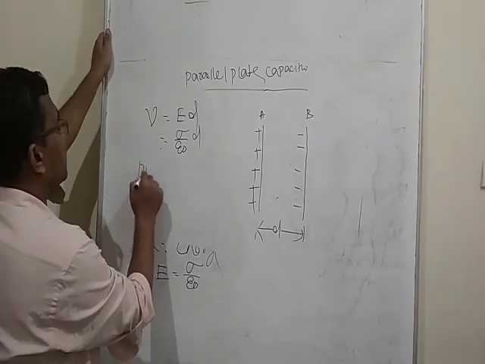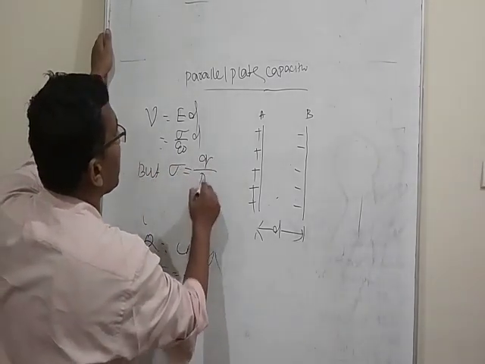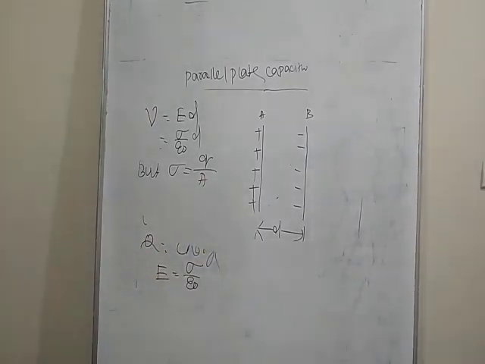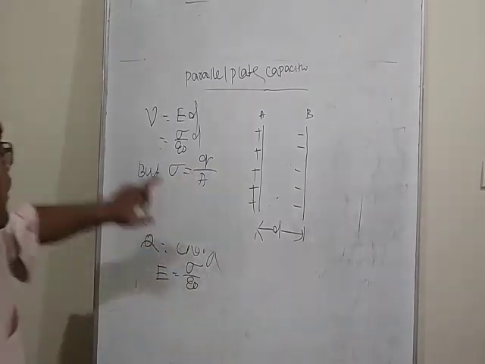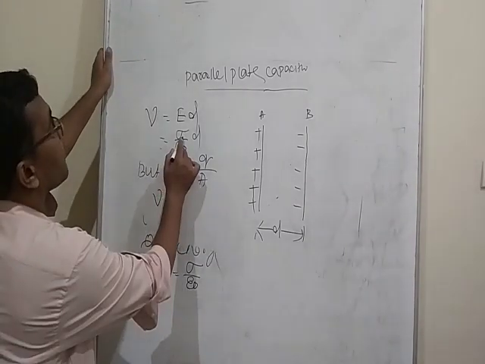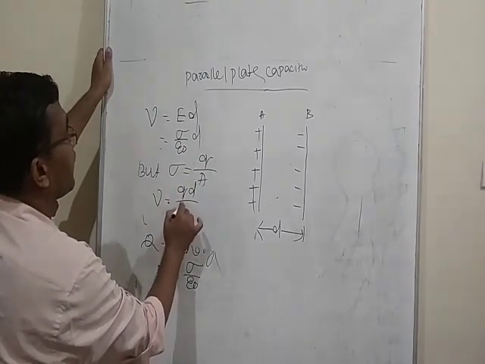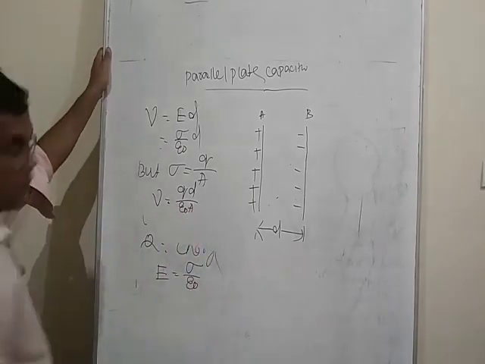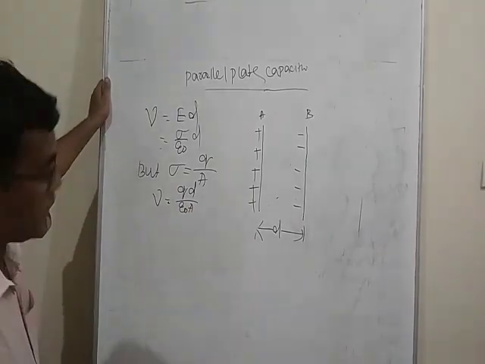But sigma, the surface charge density, is equal to Q by A. Now V equals Q by A times d by epsilon 0, that is Q d divided by epsilon 0 A.